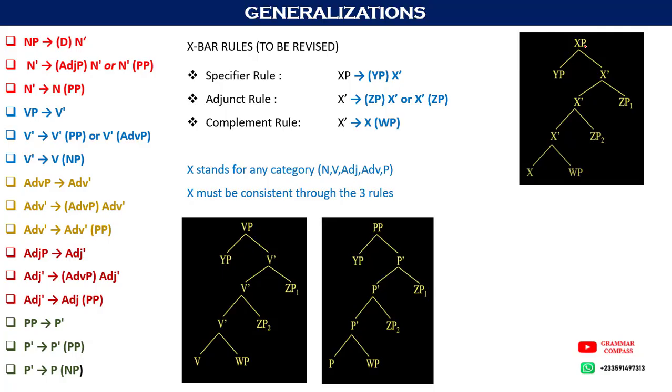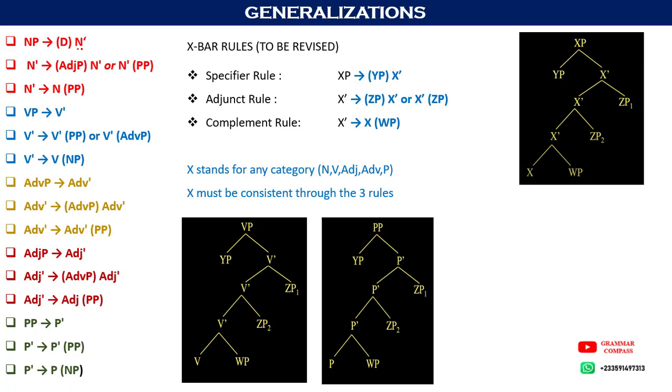XP can be a noun phrase, a prepositional phrase, an adverb phrase, an adjective phrase. So the X stands for any category, whether a noun, verb, adjective, adverb, or preposition. And the X must be consistent through the three rules. If the X stands for the noun, it means that for rules of the noun phrase, the noun must be consistent through the three rules, just as we see here.